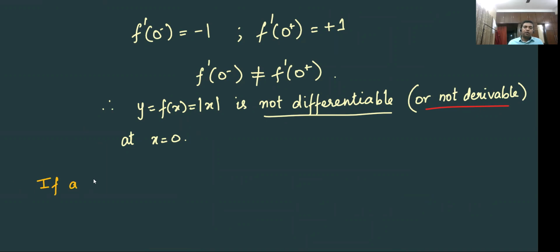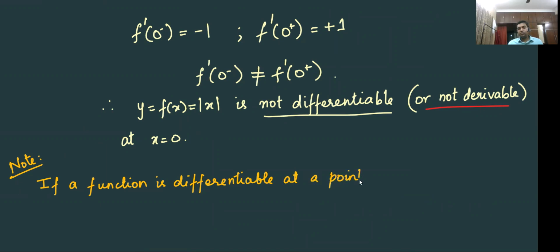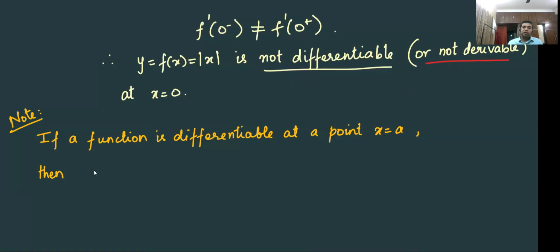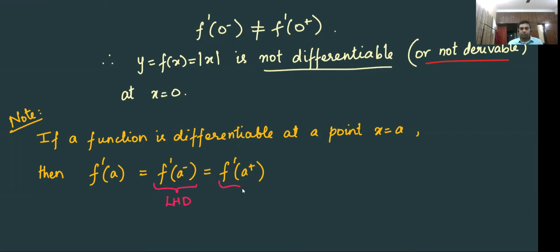If a function is differentiable at a point a, then f dash a is equal to f dash of a minus, the left hand derivative, which is equal to f dash of a plus, the right hand derivative at a. Okay, f dash a, f dash a minus, f dash a plus.